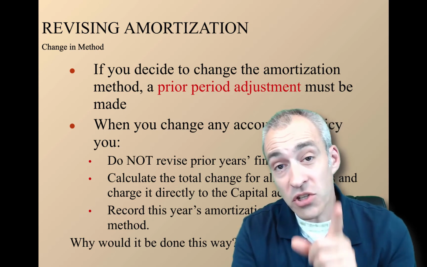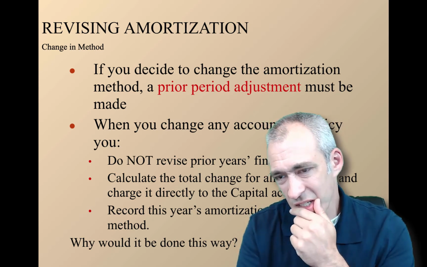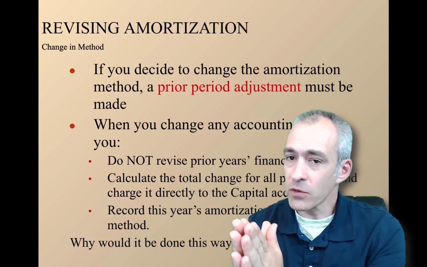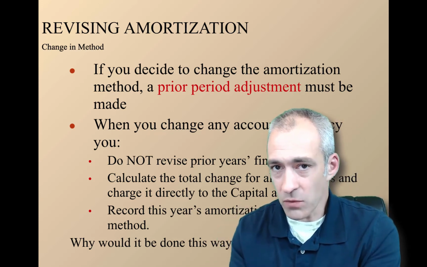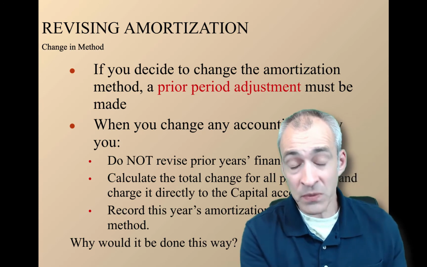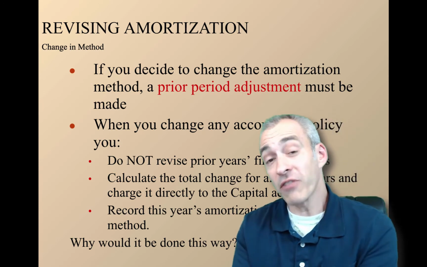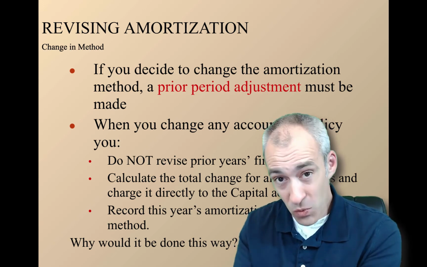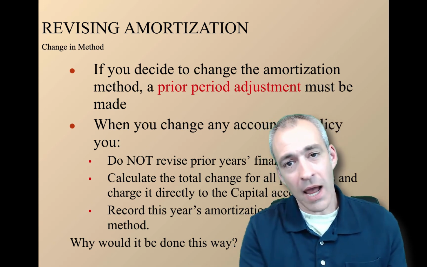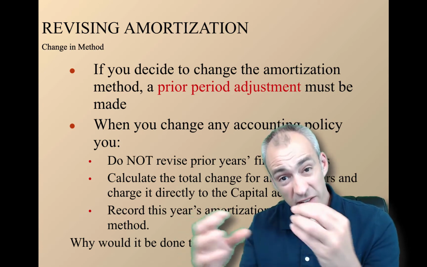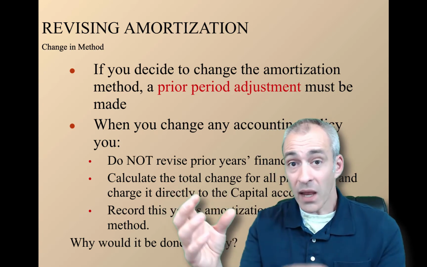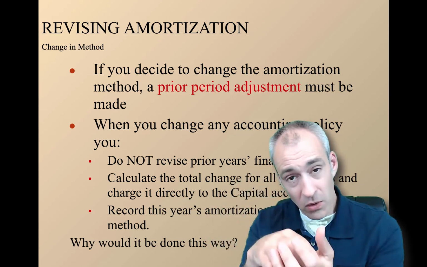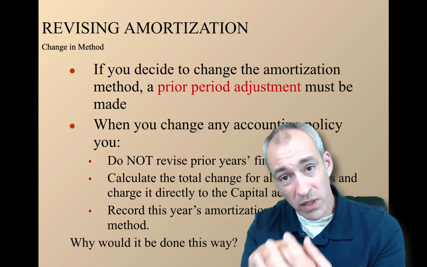So here's the thing. You can also, I'm not going to focus on this because it's a bit involved and we don't have that much time left. But if you do decide, wow, straight line just isn't right, we need to switch to units of activity, then what you have to do is go back and find out what all your expense would have been had you done it the new way all along. And the grand total of the difference between the old way and the new way for all previous years, that one amount, gets charged right to your equity account.